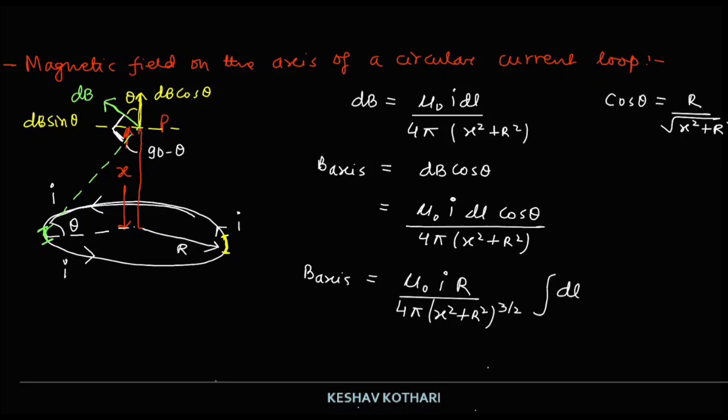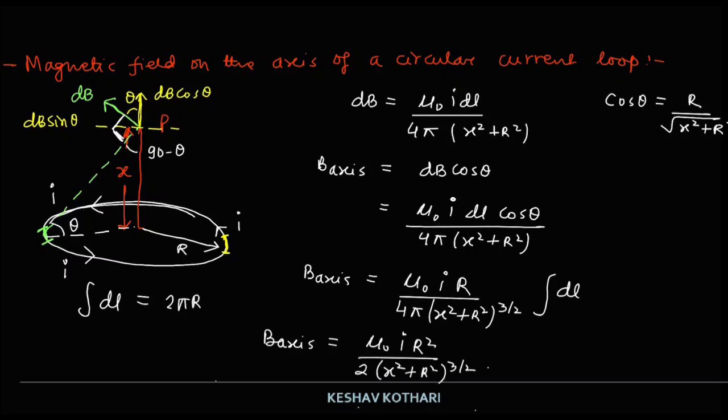If we integrate all the dl, all the length segments on this current carrying circular coil will add together to give us the total length of the coil, which is equal to 2 pi r. So if I put the value of dl as 2 pi r, the magnetic field on the axis of the current carrying circular coil will become mu naught I r square upon twice of x square plus r square to the power 3 by 2.